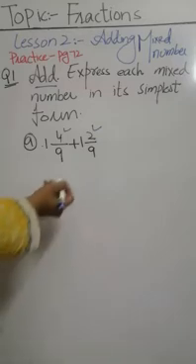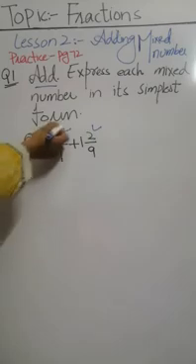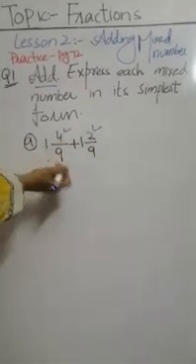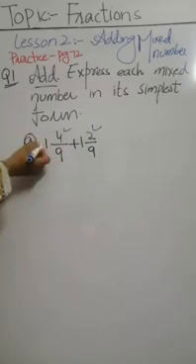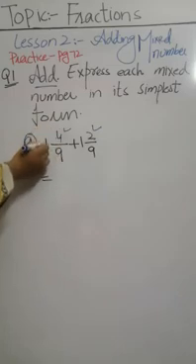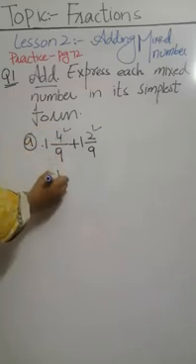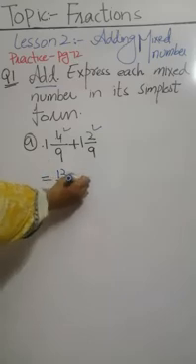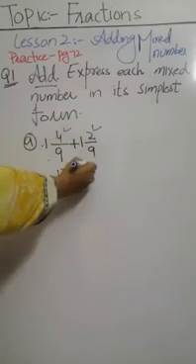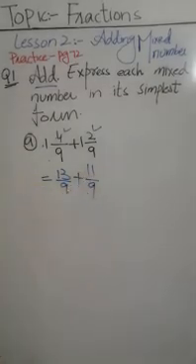First of all, we convert these mixed numbers into improper fractions. How? We multiply the denominator by the whole number, then we add the numerator. 9 times 1 plus 4, 13 by 9, plus 9 times 1 plus 2, 11 by 9.